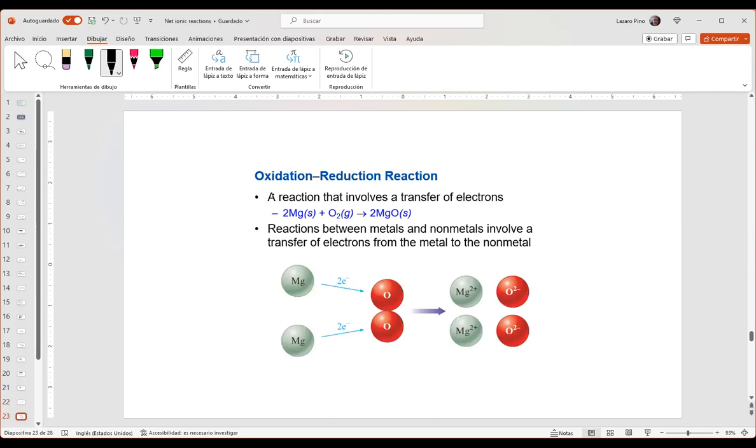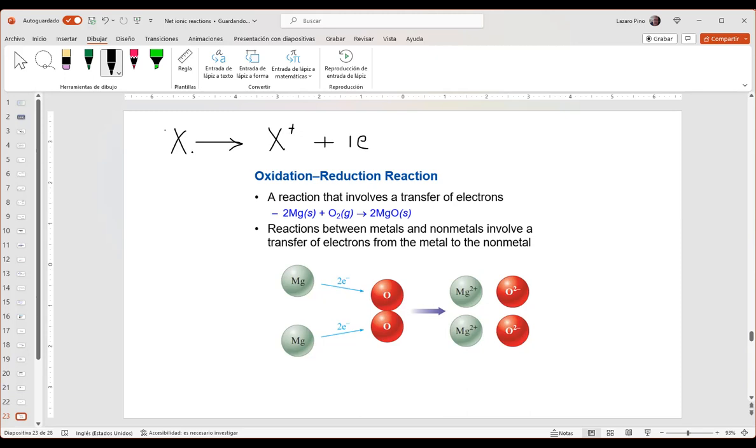Let's see what an oxidation reduction reaction is. Well, every time a compound, let's say I'm going to put X, loses electrons, we get a positive charge because we lose an electron.